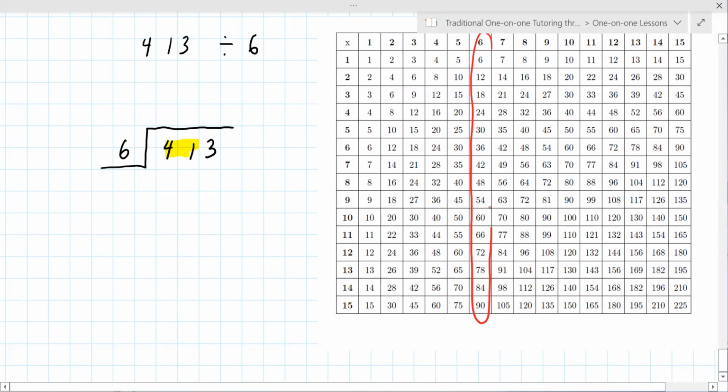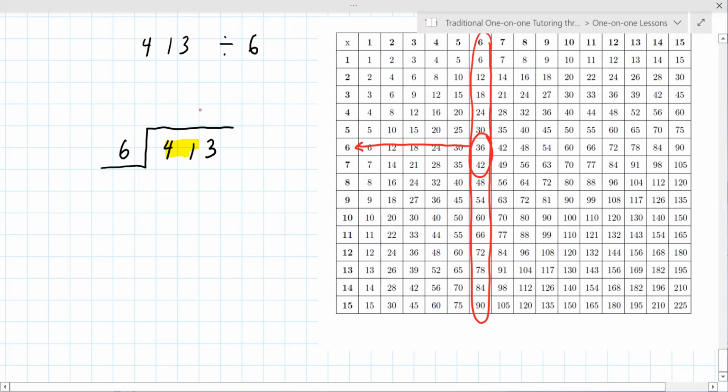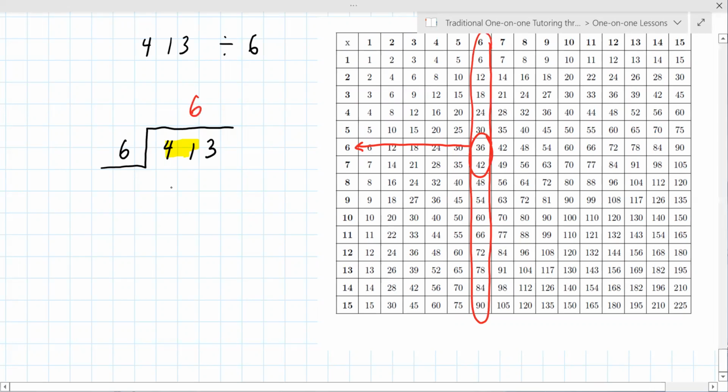Do you see 41 in there? No. Okay, what two numbers is it between? 36 and 42. Very good. And then you choose the smaller one and you go to the left. You grab that number. 6. What is 6 times 6? 36. Notice the answer is already there, 36. You subtract those for me?